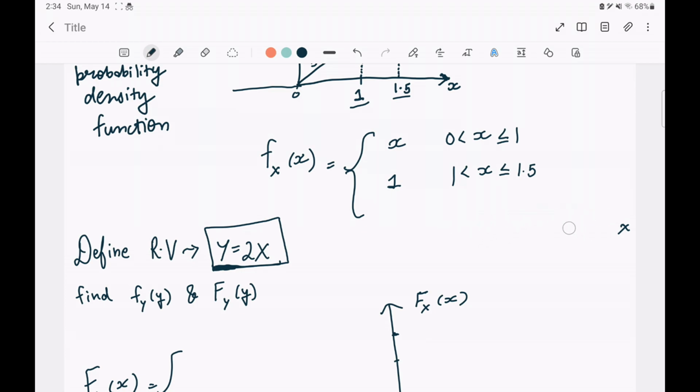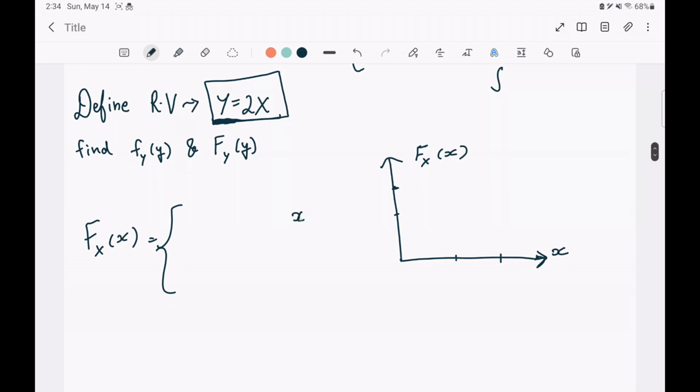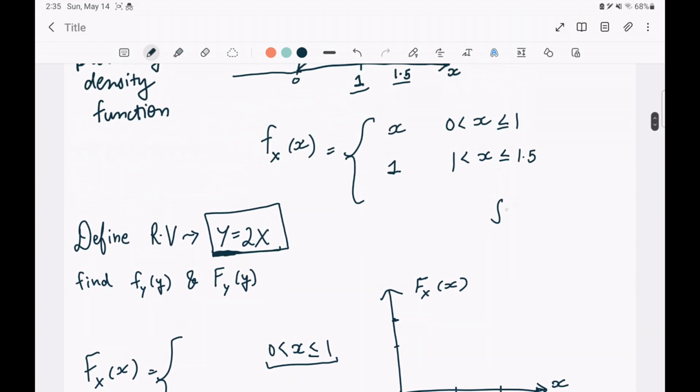Now, let's calculate the cumulative distribution function of this. So we integrate x, let's say I take the range of x from 0 to 1. What would the cumulative distribution function be like? So I integrate x dx from 0 to k, where k lies between 0 and 1. So this would be x square by 2 from 0 to k, which is k square by 2.